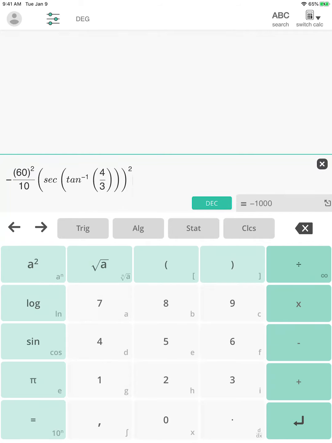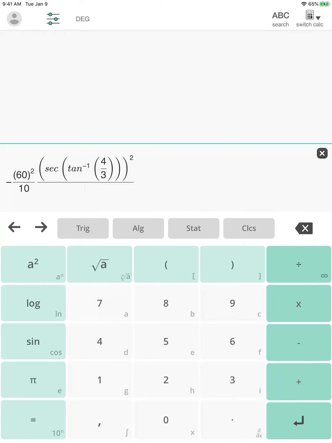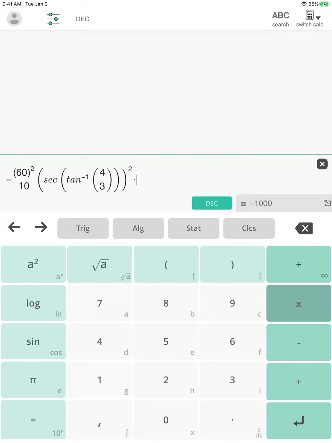Right, we're squaring secant times 0.27 pi divided by 180.